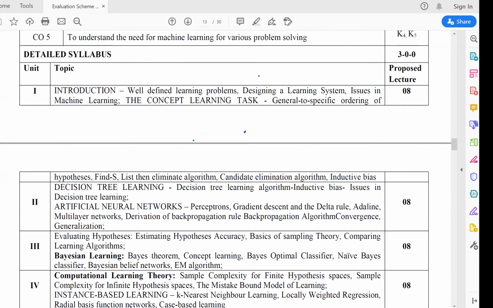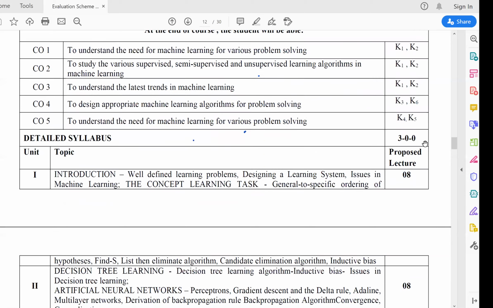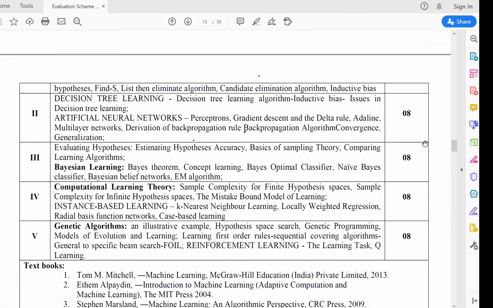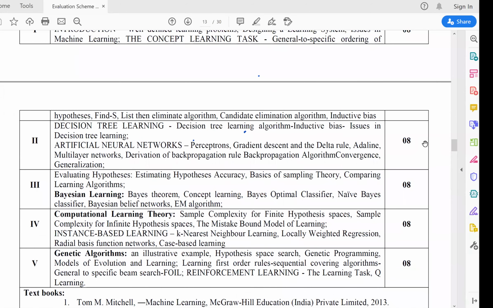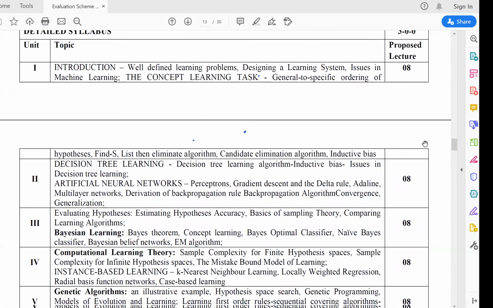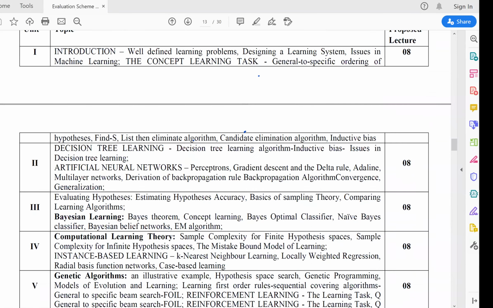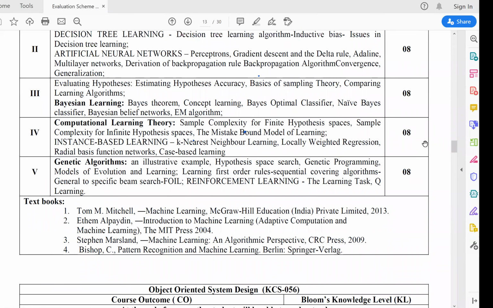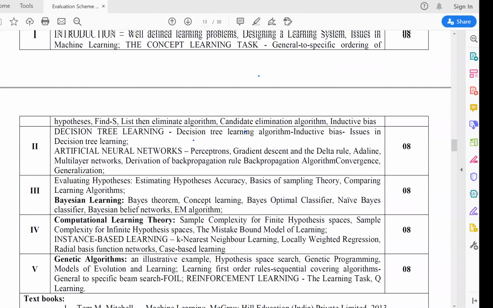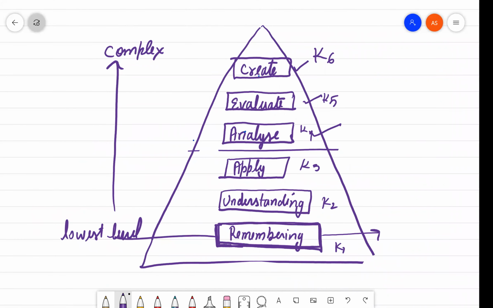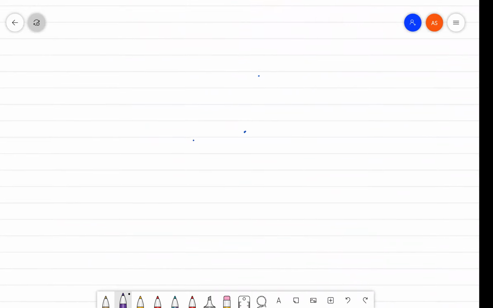So this is the overview of the syllabus. The syllabus is divided into these 5 units, and each unit requires 8 lectures as prescribed by the university, and in about 40 lectures the syllabus will be completed. So let us discuss machine learning.